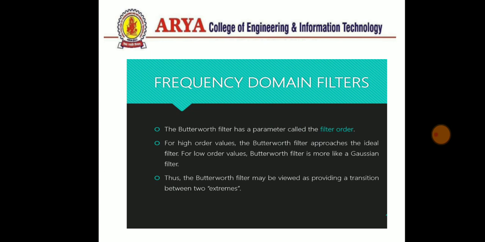In frequency domain filters, the Butterworth filter has a parameter which is called the filter order. This is a special parameter which is present in the Butterworth filter. There is a value which is known as the order of the filter. On the basis of this value, we calculate the filtered amount and we filter the data.